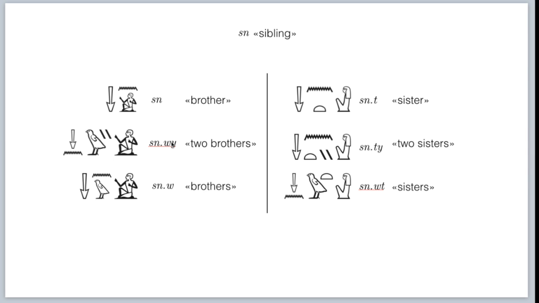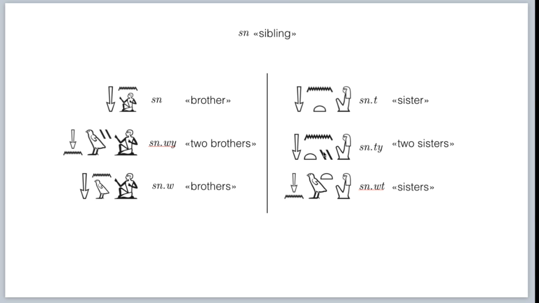All right. Senwi, two brothers. To say two sisters, we say senetti or senti. The ty is denoting the dual, the two. And we have the raised bread loaf and we have the diagonal strokes representing the y, ty, senetti.